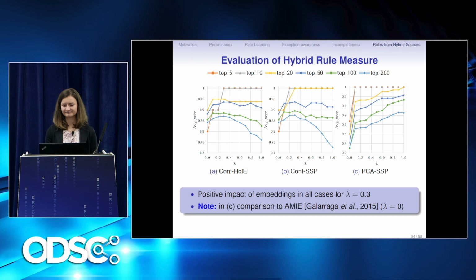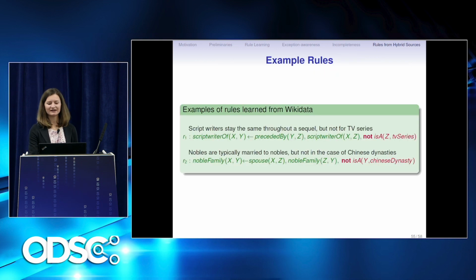Right. So now you will be asking, where can we actually exploit this kind of rules that we have just learned, apart from prediction? What we did in our next work is use these rules for other purposes. But before going further into details, I just wanted to show you some examples extracted from Wikidata.